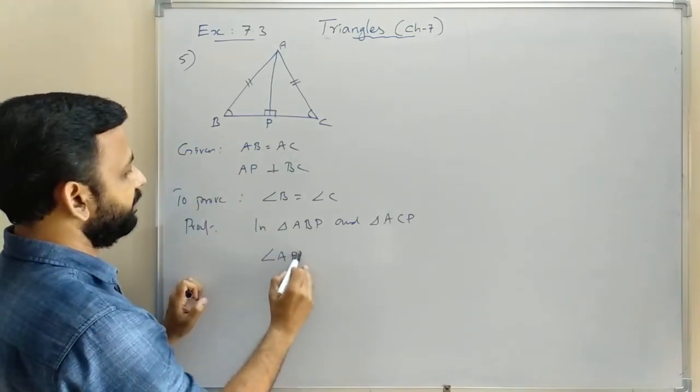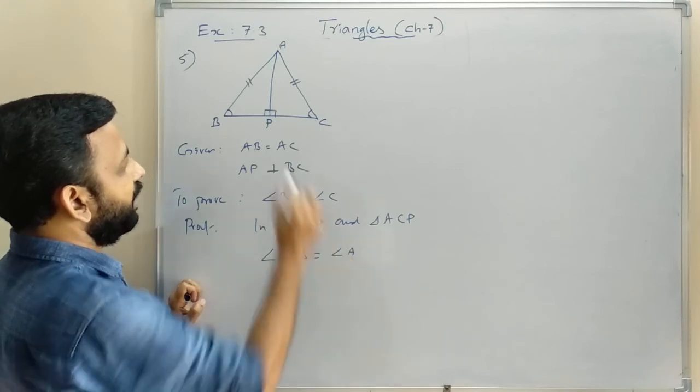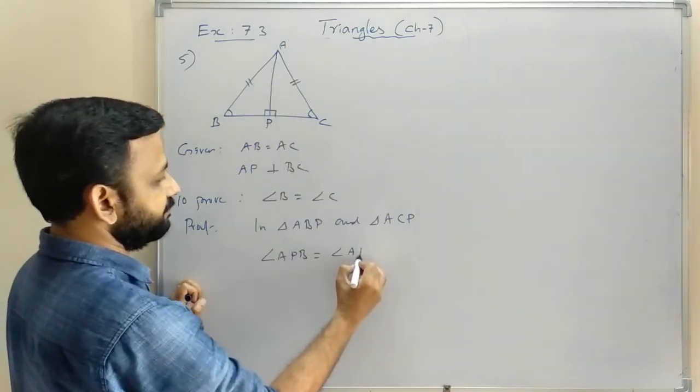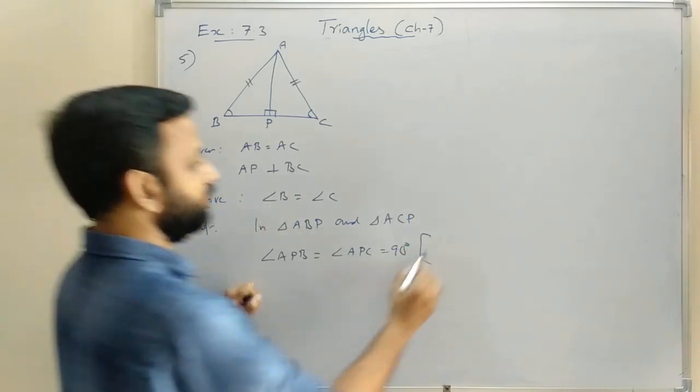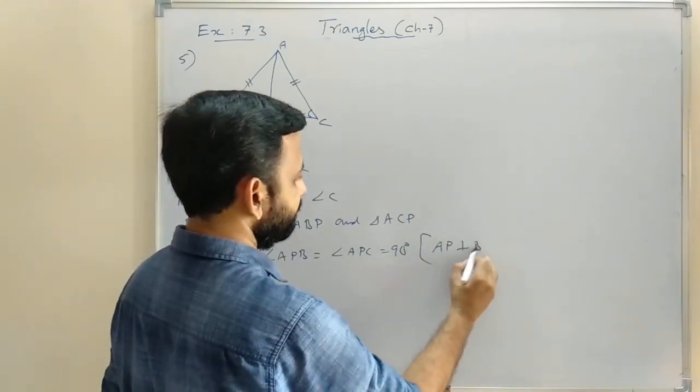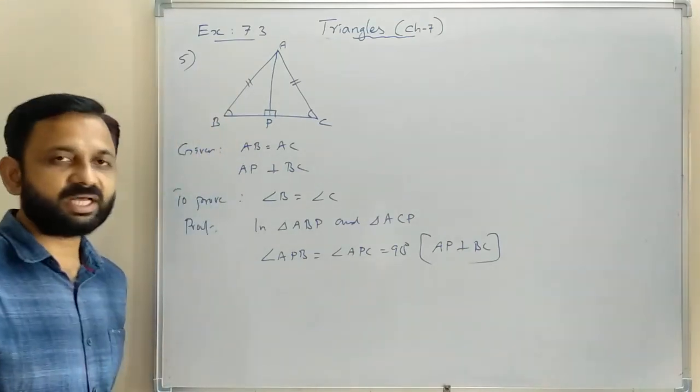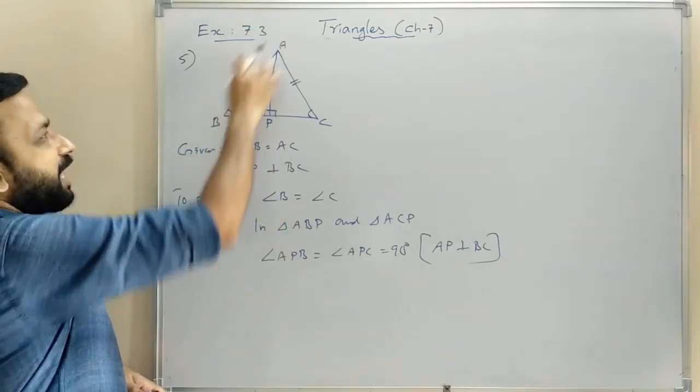Angle APB equal to angle APC equal to 90 degrees. Reason, AP perpendicular to BC. That is given.